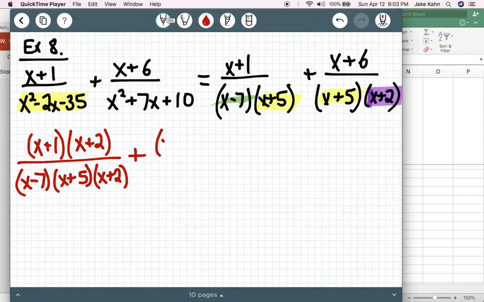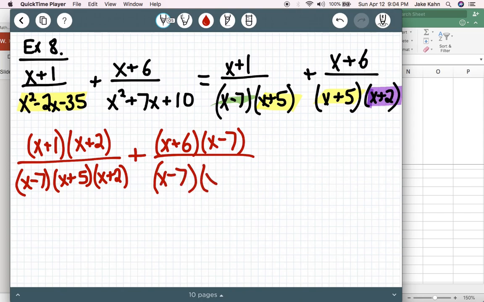X plus 6 times x plus 7 over x, did we say x plus 7? I meant x minus 7. Sorry about that. On bottom, we now have x minus 7 times x plus 5 times x plus 2.